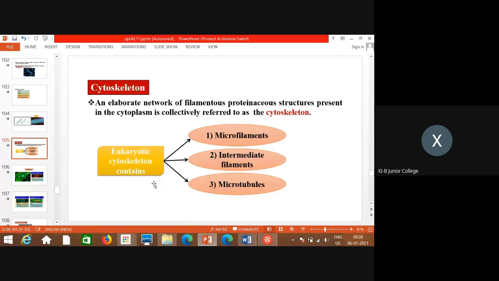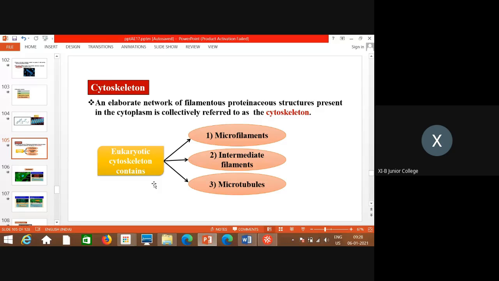Remember, what are these eukaryotic cytoskeletons? First, microfilaments. Second, intermediate filaments. And the third is microtubules. It's there in your textbook also. You can underline as well as note it down.